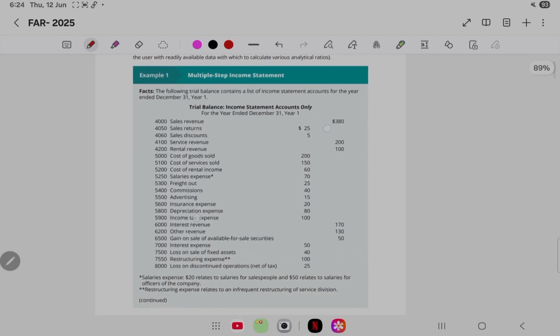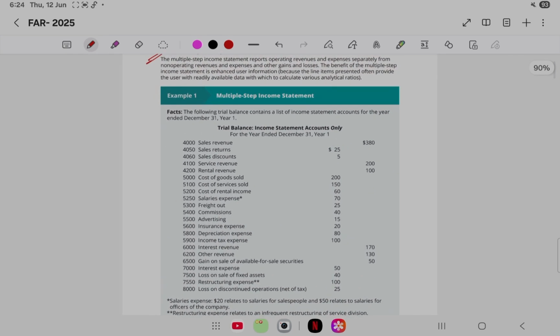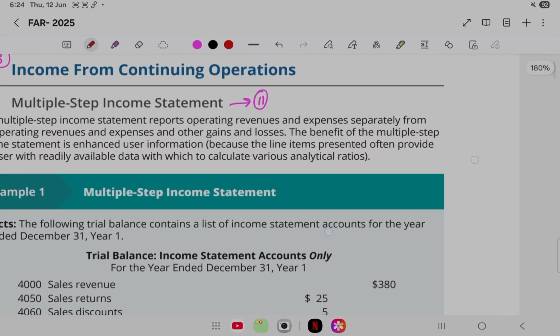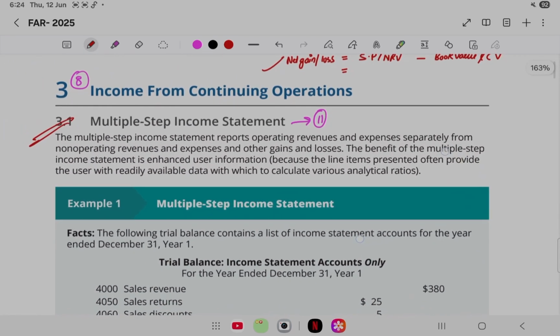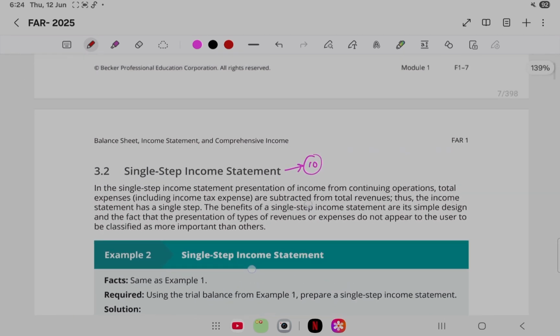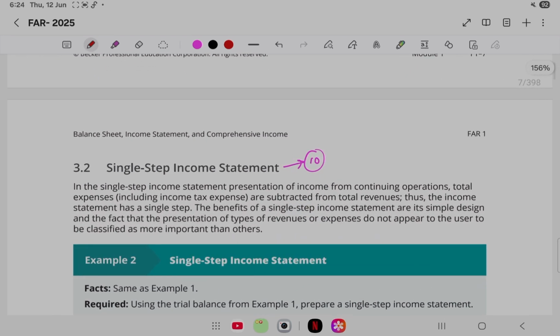Now before going to the example, let's take an overview. Let me make you understand. First you need to write down the formula for the income statement.